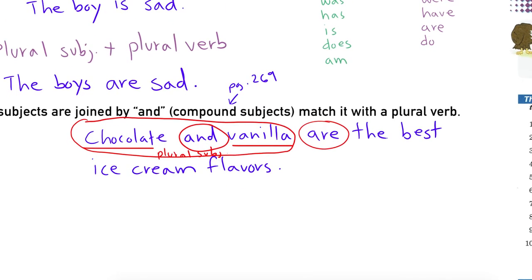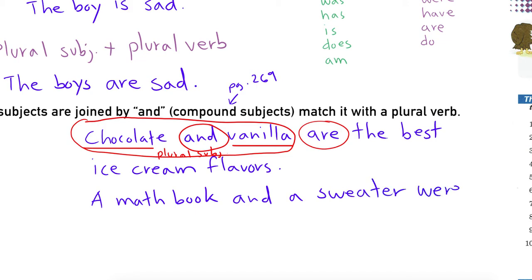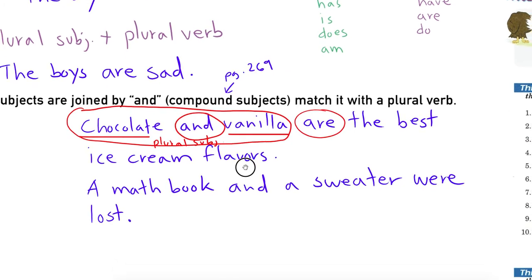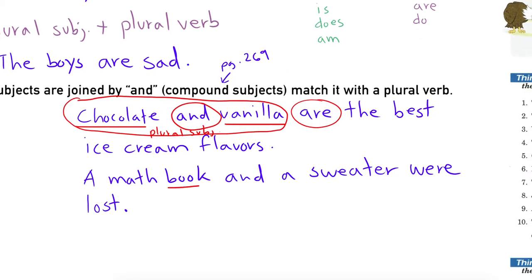Let's do another one. A math book and a sweater were lost. So a math book and a sweater are both singular.